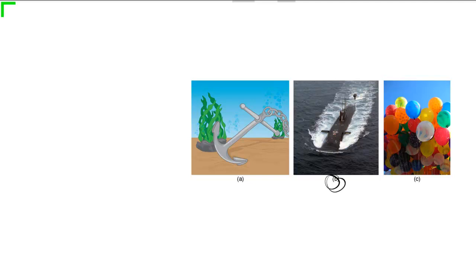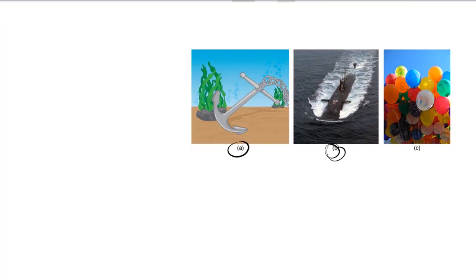It can take on water, it can release water, and it can change its weight, and so it changes its buoyancy, so it can go up and down in the water, the ocean. An anchor, so in A here, although an anchor may rest on the bottom, doesn't mean that it doesn't experience a net buoyant force upwards.